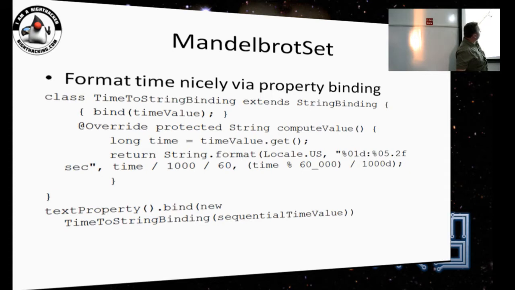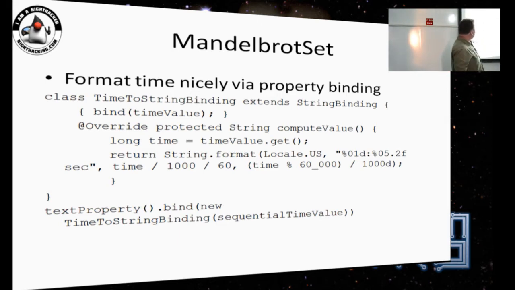It has a bind invocation in the constructor that binds to the time value, which is a long property. And then it has a computeValue method in which we take the actual long value from this time value property and format it the way we want to show.